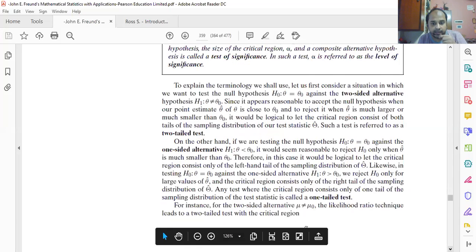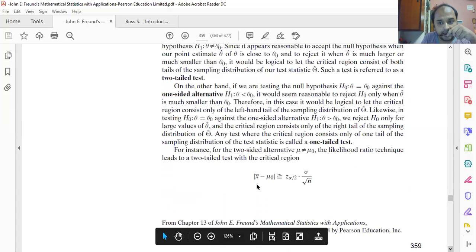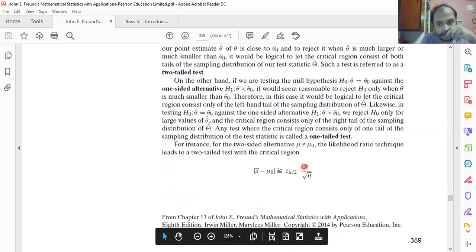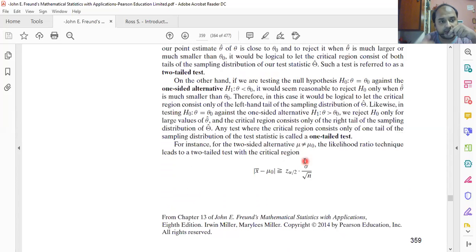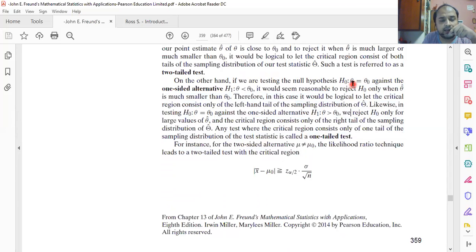So here they have considered a specific problem where in place of theta they have considered mu. Mu is the population mean. What is theta? Theta is actually the generalization of the statistical parameters corresponding to the population. This theta can be population variance, population mean, population mean deviation, anything.